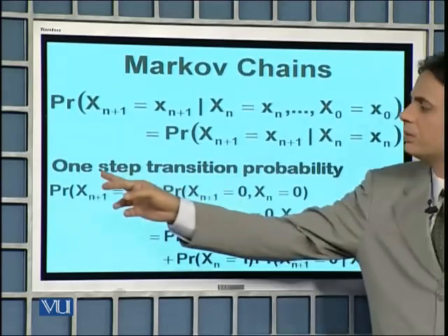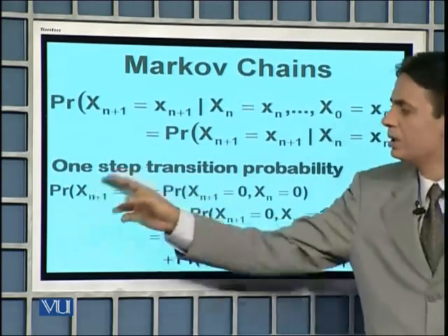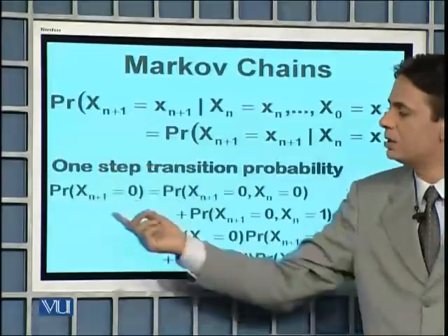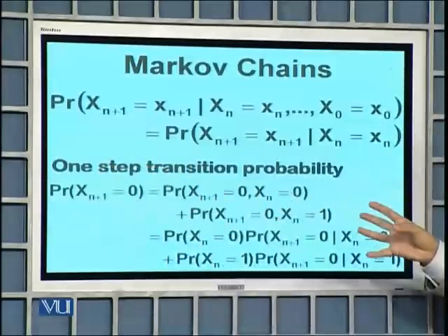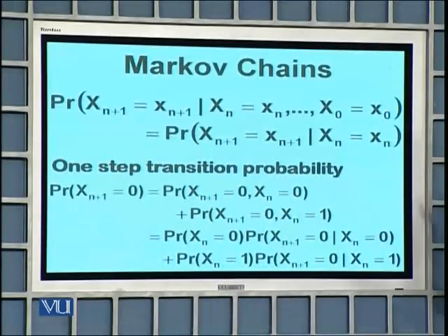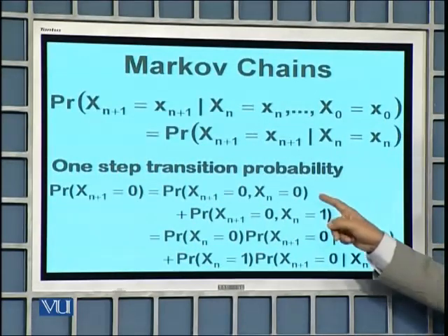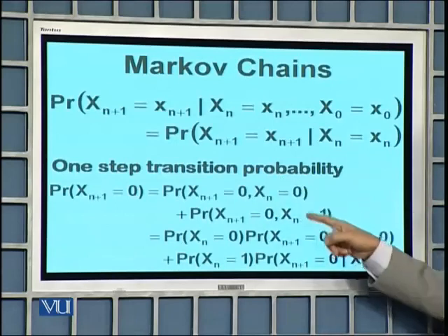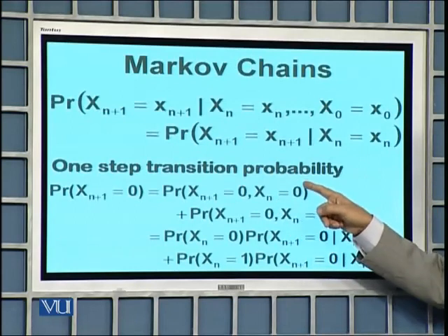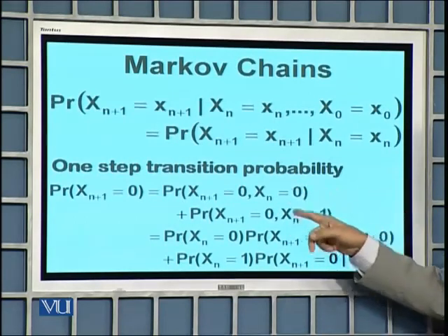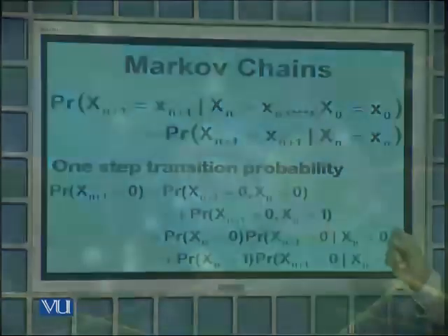If this is the probability in question, then the event represented by this probability is being sampled through a partition of the whole sample space, and this represents the partition of the whole sample space, the previous random variable having value either 0 or 1. These are the only two states that the previous random variable could be.